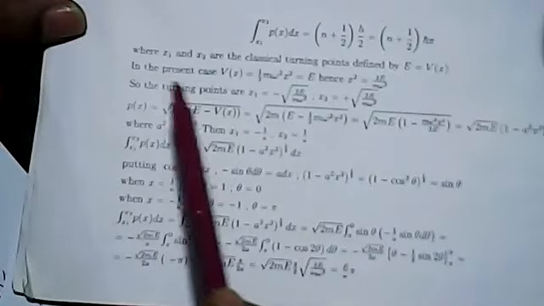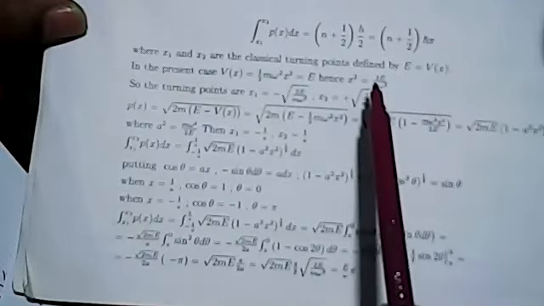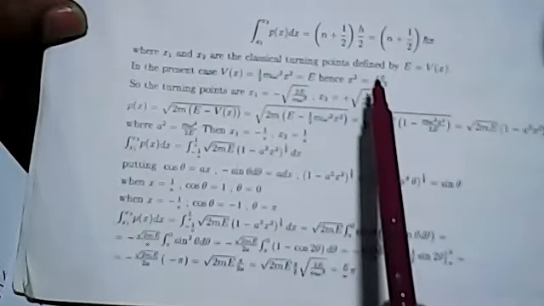Now I'm not doing that. I have written the same problem for a harmonic oscillator. Here the only difference is the left limit is 0. You have to take 0 to x2. Here I have shown x1 and x2, but here you can take 0 and x2. That is the only difference. So you can proceed like this, not very difficult.